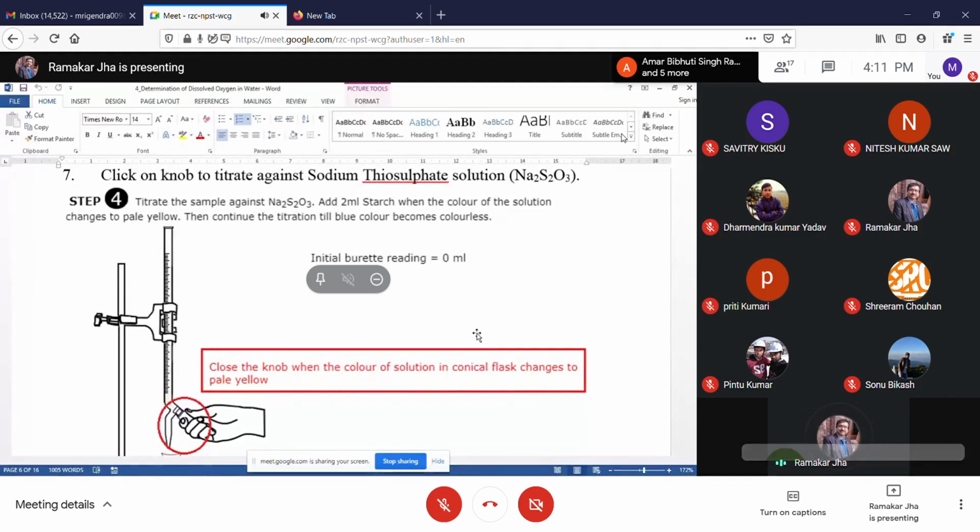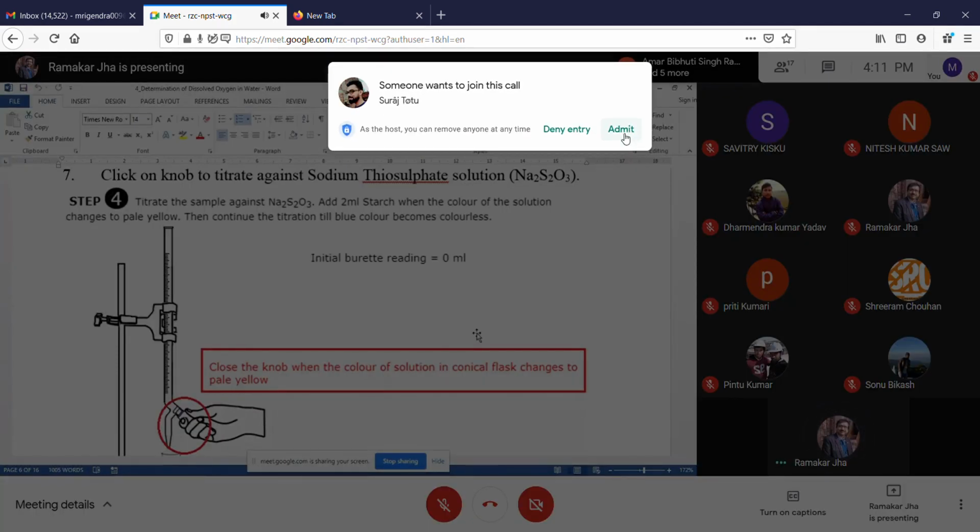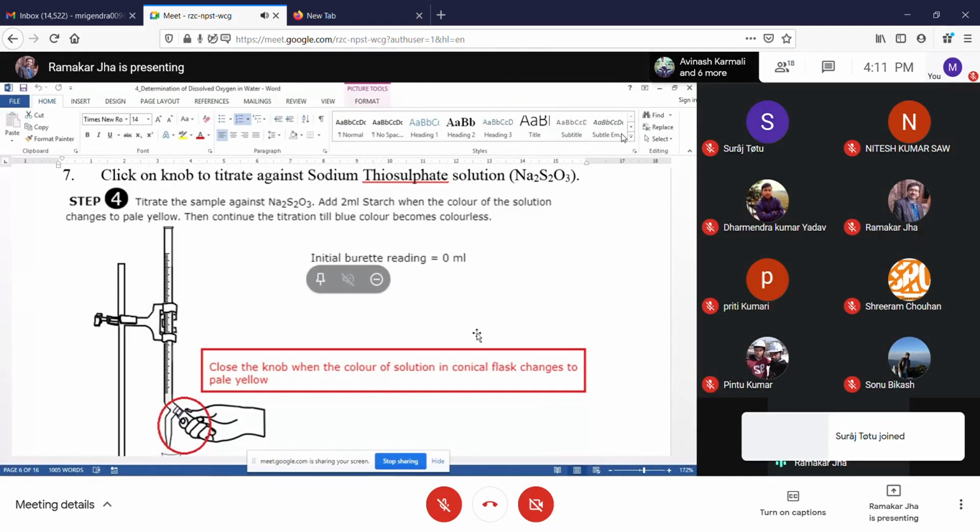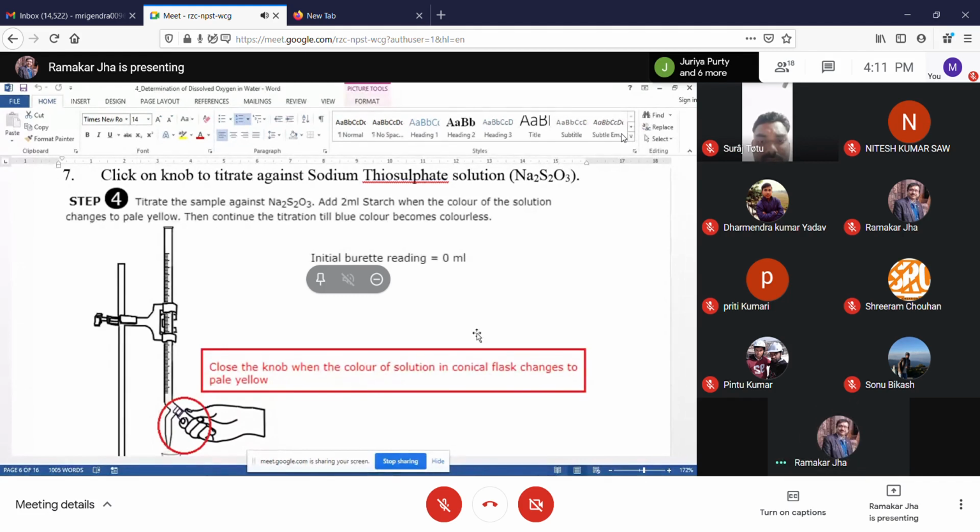Same as in BOD, when it starts to become light yellow, we add the starch. First it will be blue once we add the starch, and then thereafter it will be colorless, either in BOD or here.